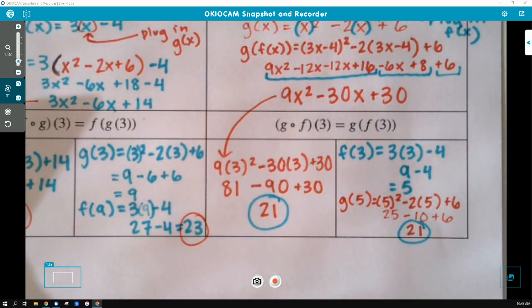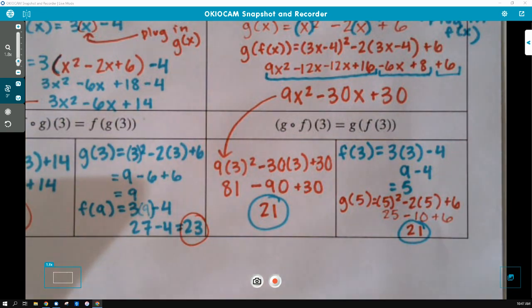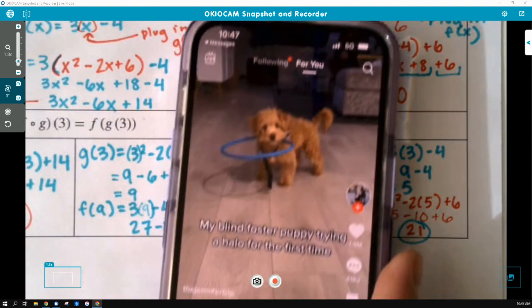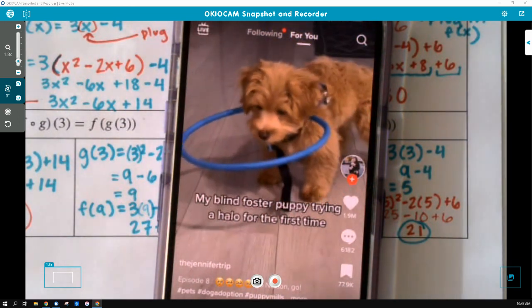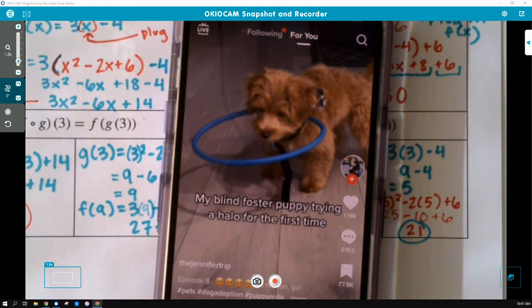Oh, I've already seen this TikTok. Today, one of my special activity, I gotta turn my Wi-Fi off. Advent calendar. It's really cute. I've already seen it. My blind foster puppy trying a halo for the first time. It's so he doesn't crash into a wall. Why are you not loading?